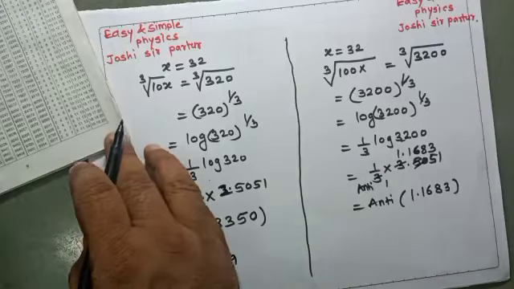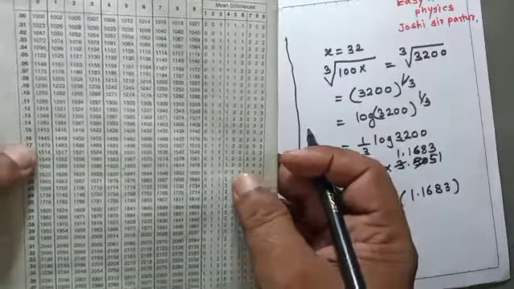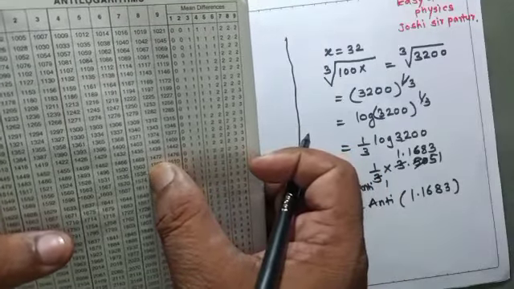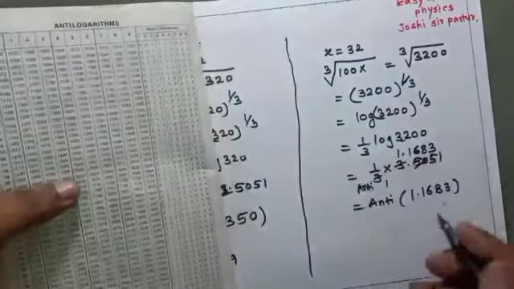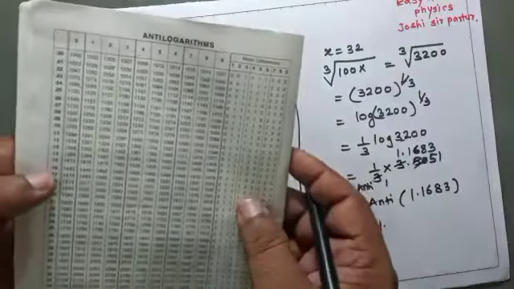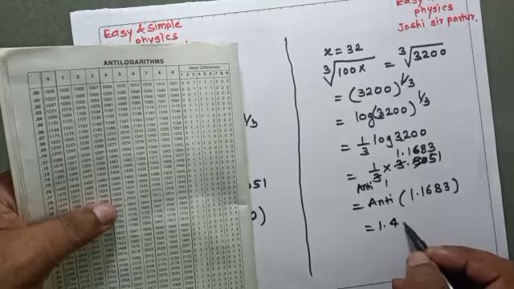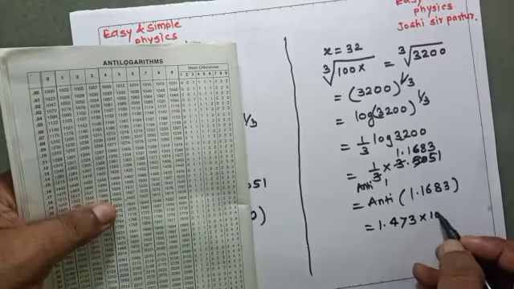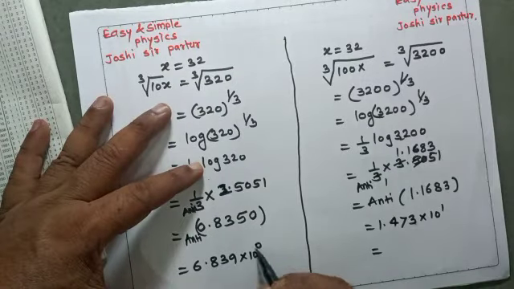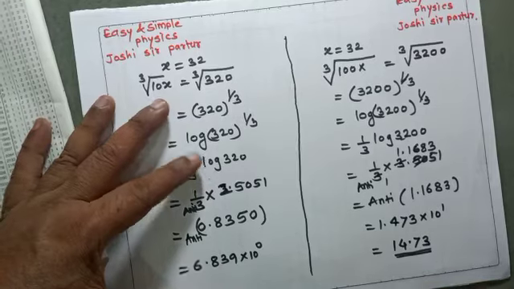And 0.16 in 8 3, that is 1472, and 3 will add 1, so 1.473 into 10 raised to 1. So the answer will be 14.73 here.